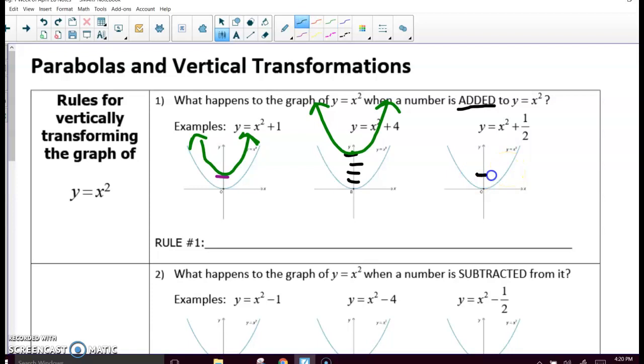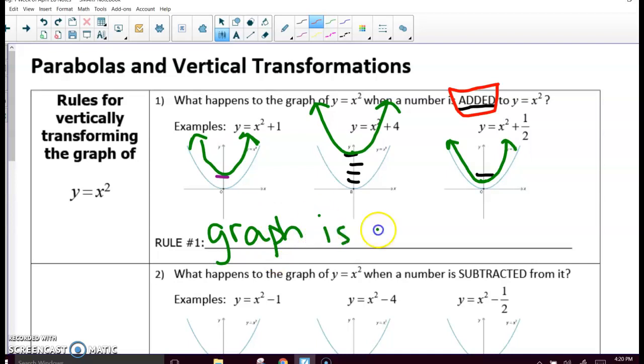So that's my 1, my 1/2 is in between there. So when a number is added to x squared, my rule is the graph is shifted up.